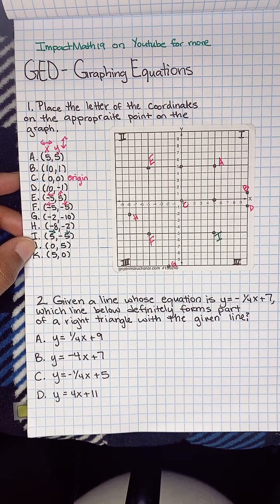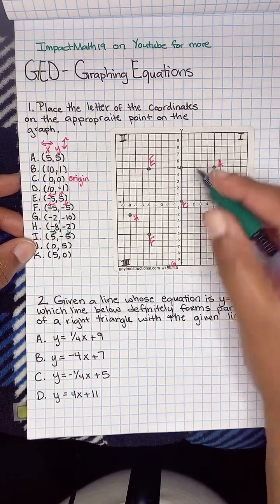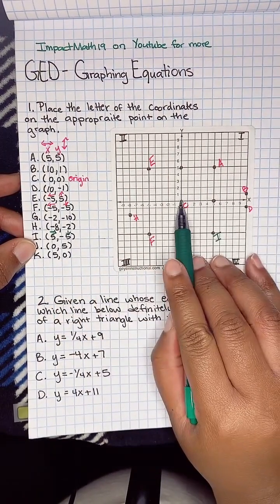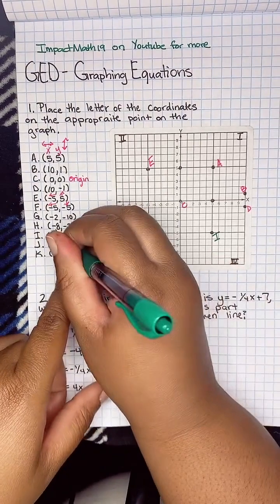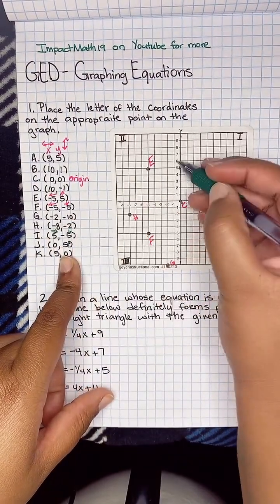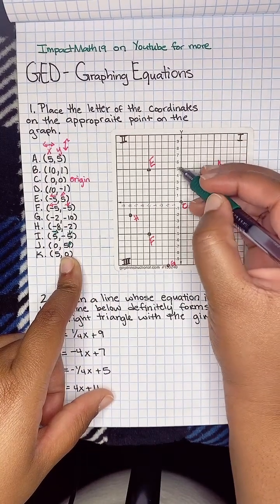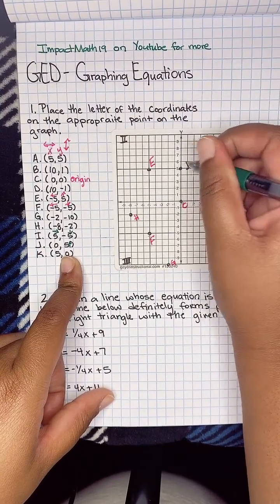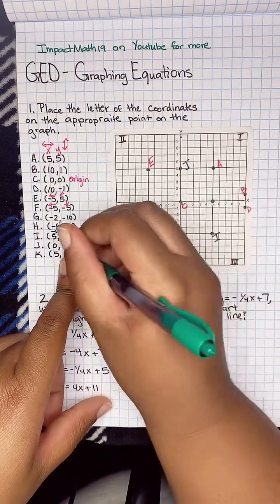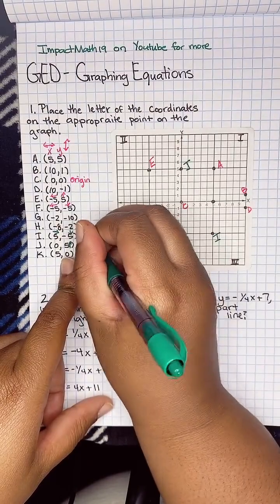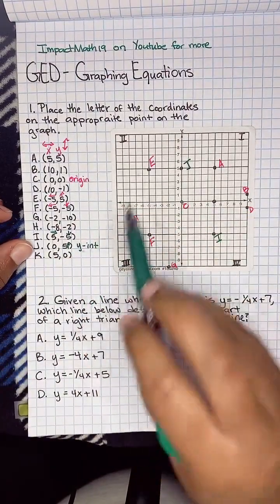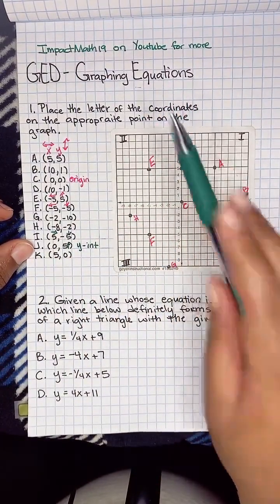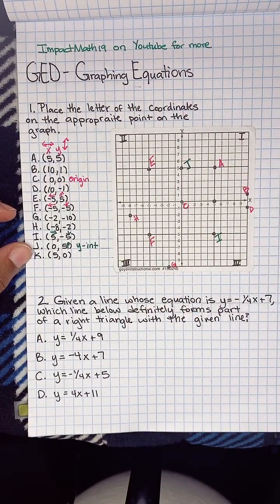Okay, so we start at 0, and this tells me to go up 5. So as you see here, this is our J. This is called the y-intercept, which is very important when you're talking about linear equations.